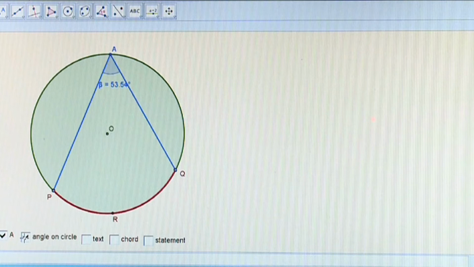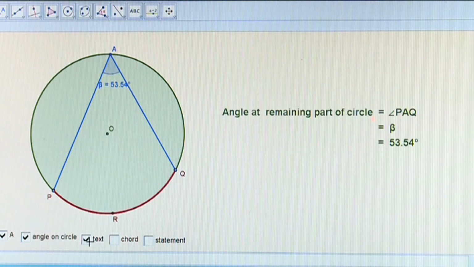Join PA and QA. You will get an angle PAQ. This angle PAQ is known as angle at the remaining part of the circle. This is shown by angle beta.